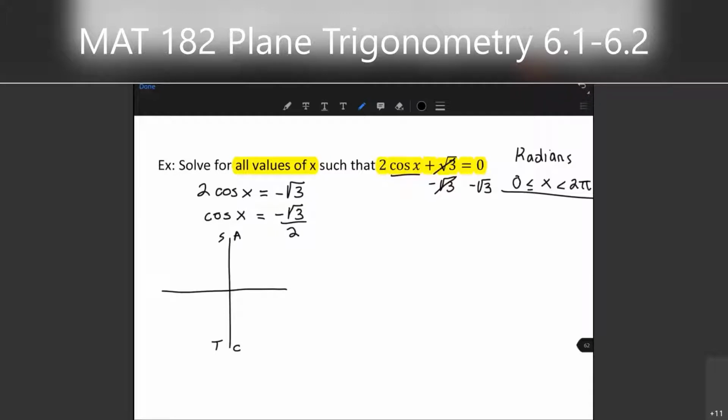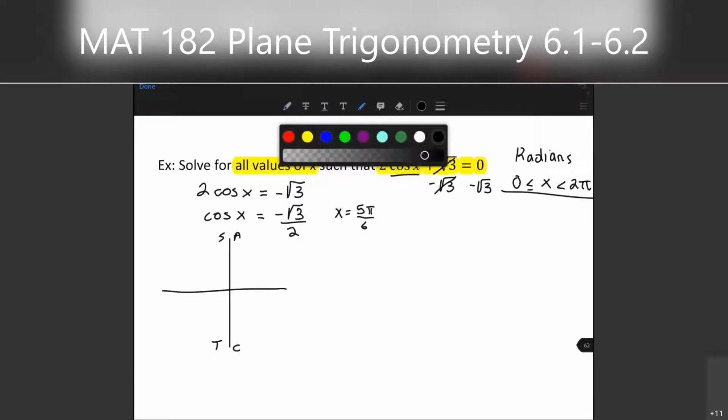Okay, 150. And what is the radian calculation for 150? 5 pi over 6. So we would have x is equal to 5 pi over 6. That's the second quadrant, where the cosine is negative.